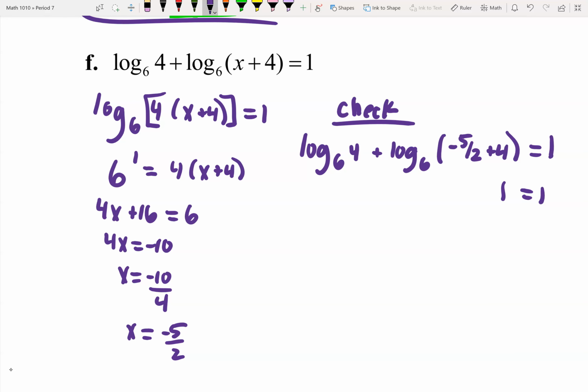Plus, talk, log, yes, negative 5, divide 2, plus 4. Tell me what to hit now. Wait, plus 4, what comes right after 4? Close it, yeah. Not plus. What do I hit? Divide, log 6, close it, enter, bam. Got my 1.